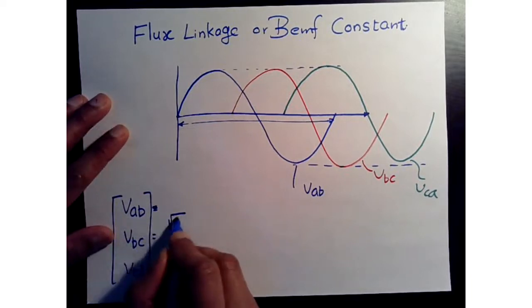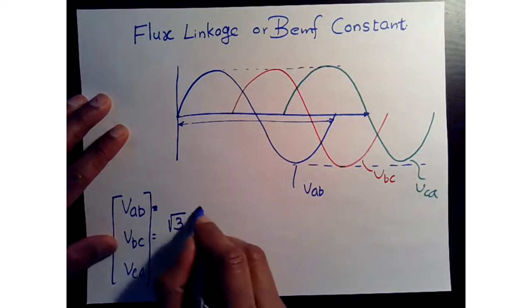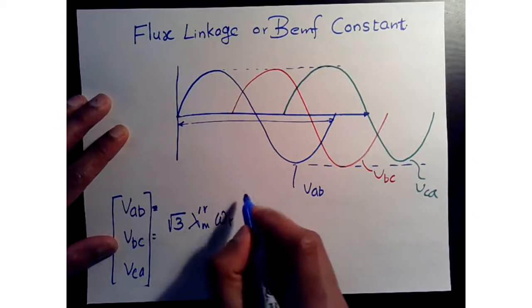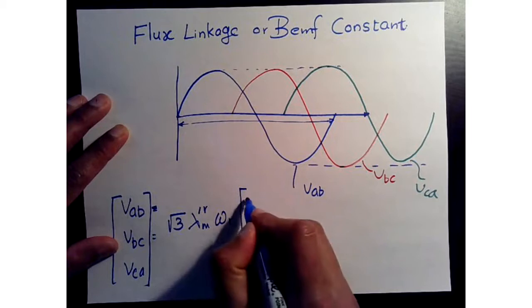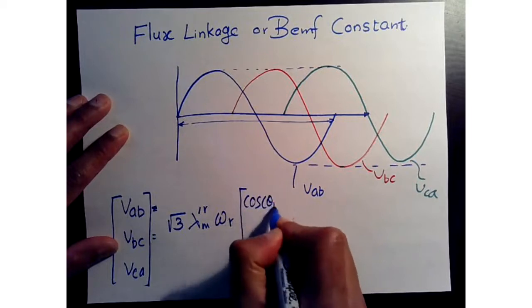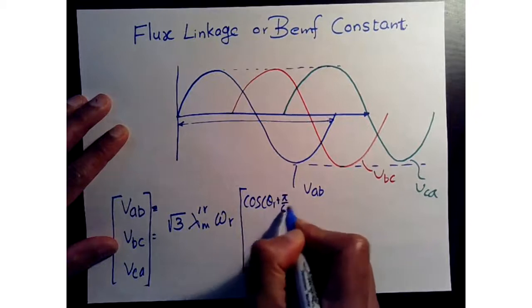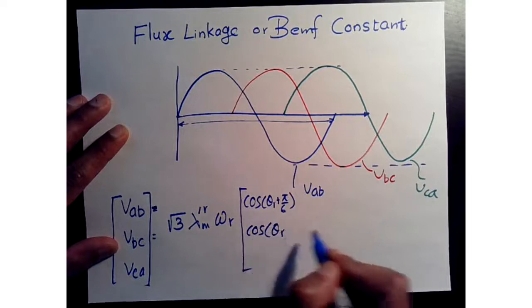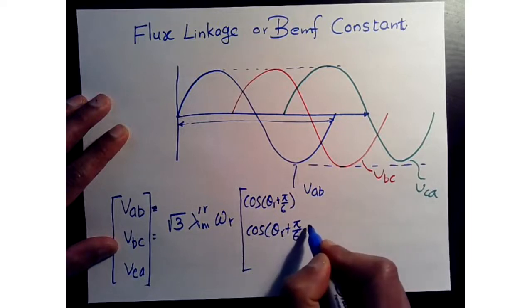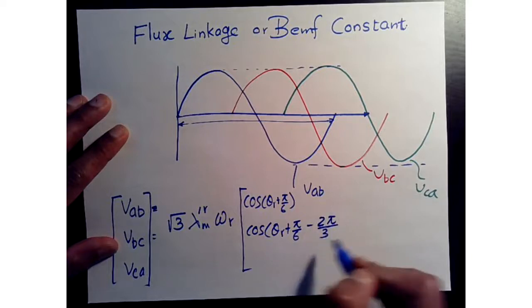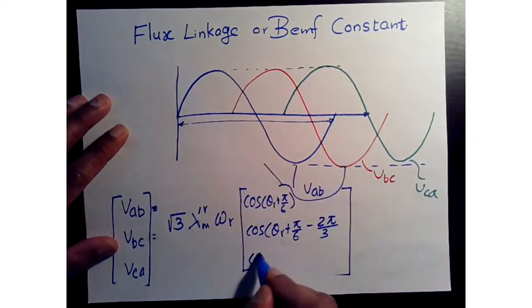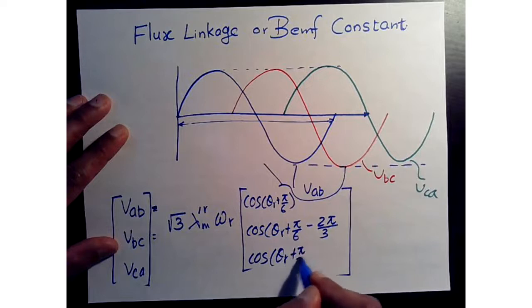This becomes root 3 lambda m prime r omega r, times cosine theta r plus pi over 6, then cosine theta r plus pi over 6 minus 2 pi over 3, just 120 degrees, and here cosine theta r plus pi over 6 minus 4 pi over 3.